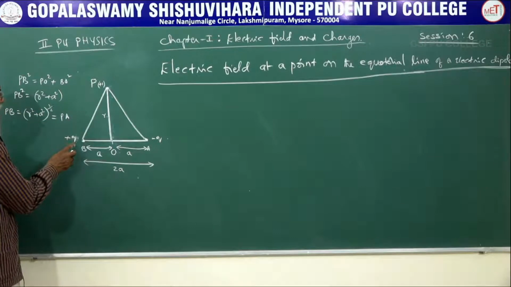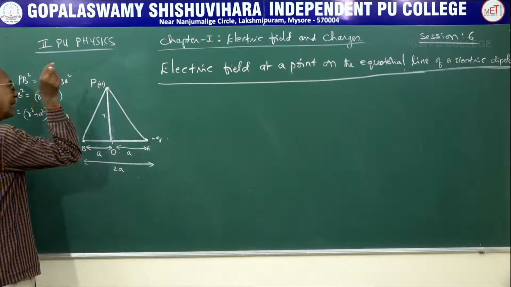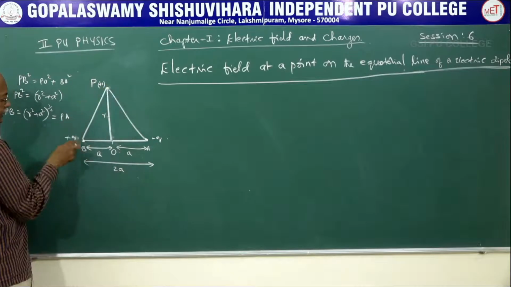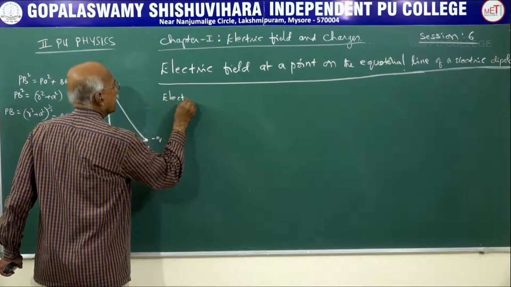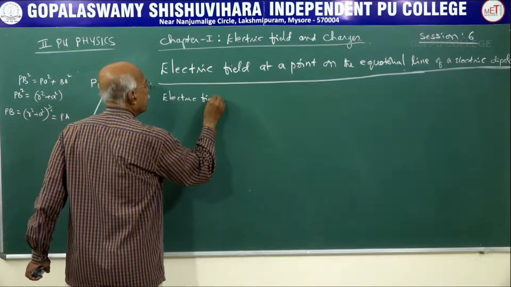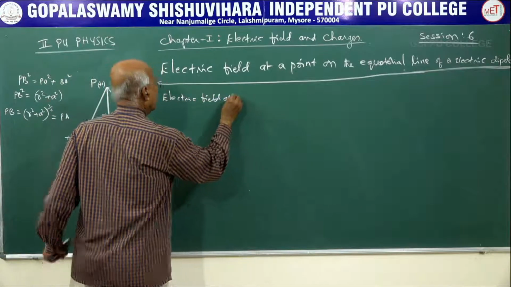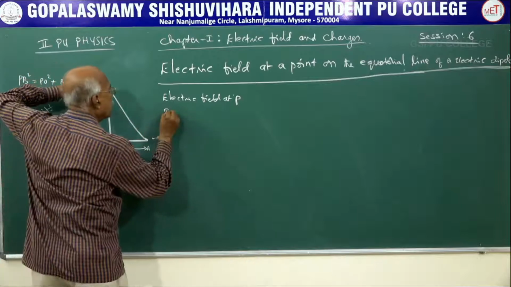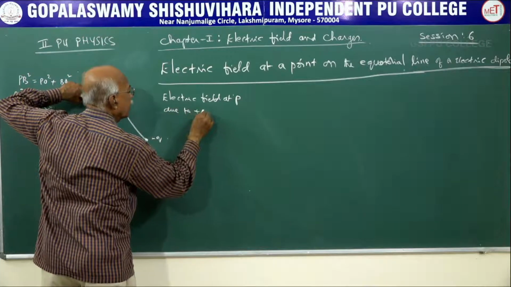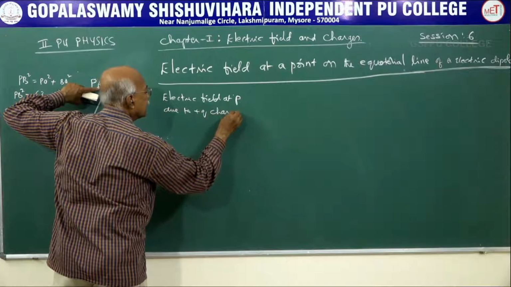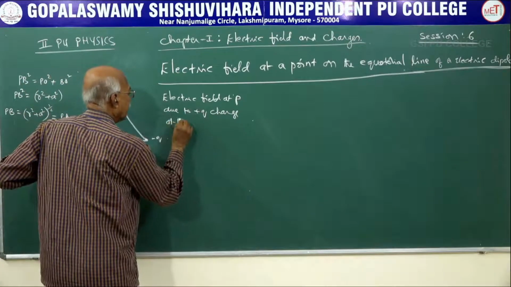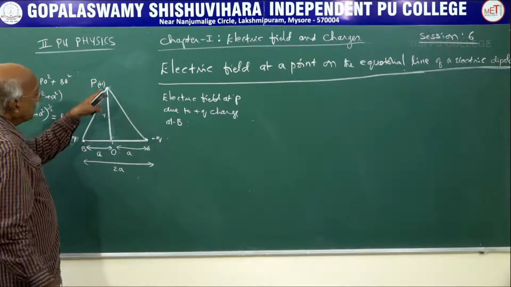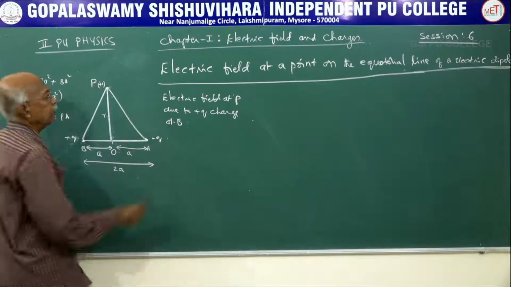Now, we will calculate the electric field at P due to the plus Q charge at B. We have a unit positive charge at P. What is the electric field that is available at this point?